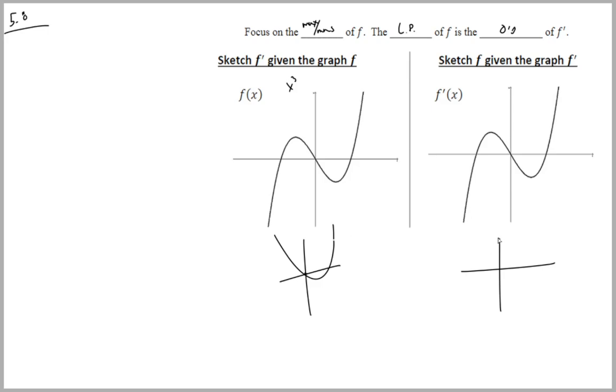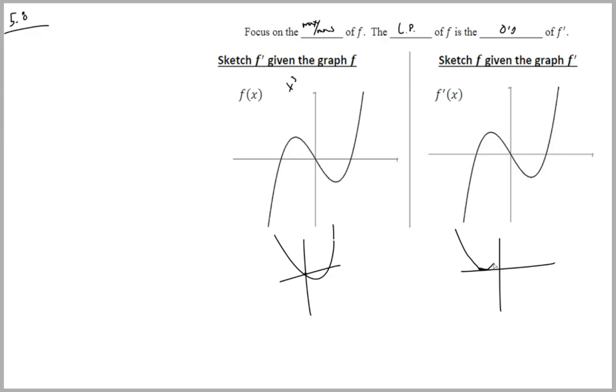It's in the negative, so it has to be going down, and then it's going to be going up. It goes up for a bit, and then it goes back down to 0 and goes back up. It's going to start negative, so it's going to start going down until it reaches 0, which is a min or a max.